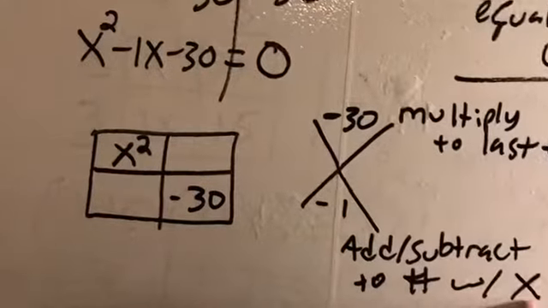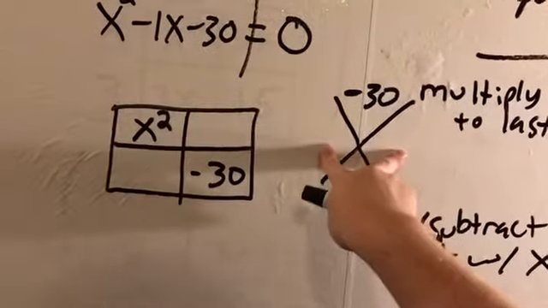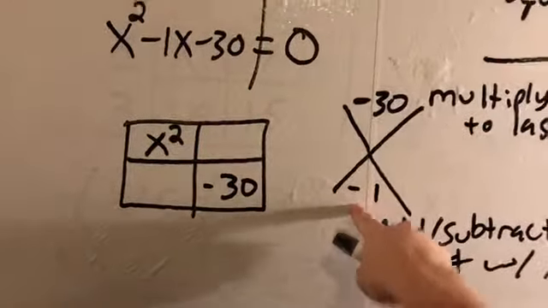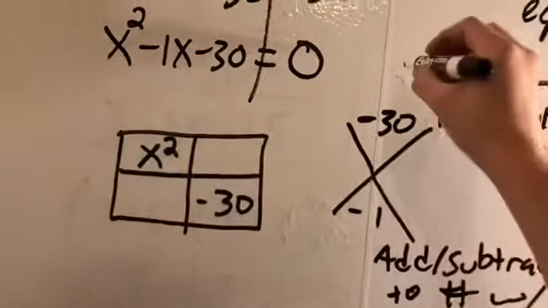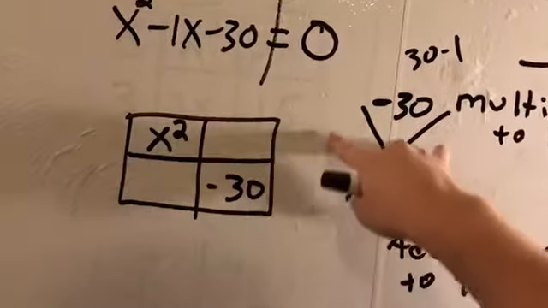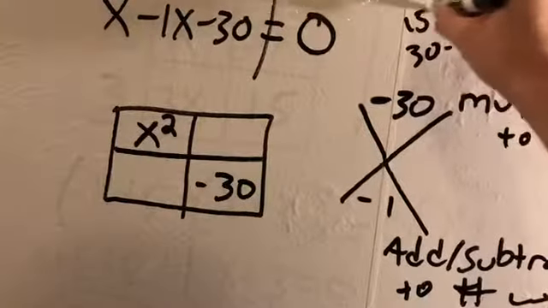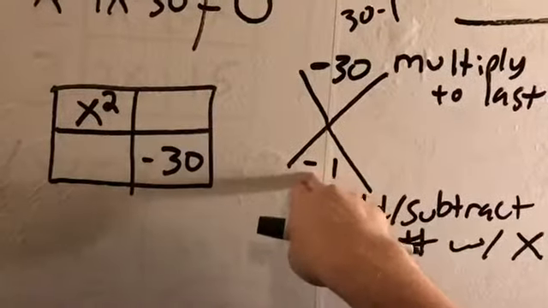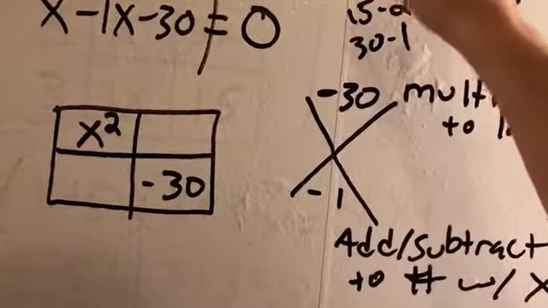So what multiplies to negative 30 and adds or subtracts to negative 1? If you're having trouble, start breaking down how to multiply to 30. 30 times 1, but I can't get a negative 1 if I subtract those. 15 times 2 gets me to a 30, but I can't subtract those in any way and get negative 1.